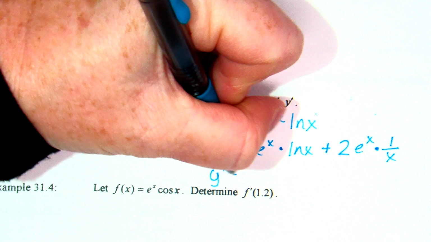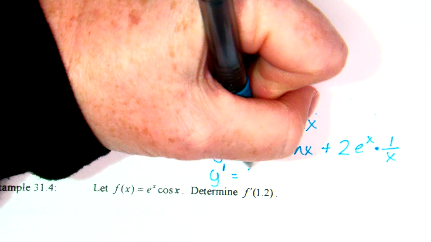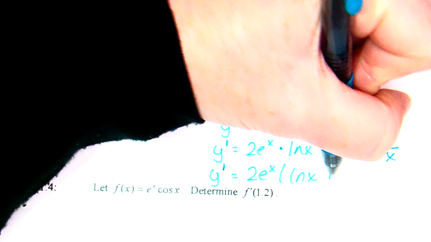Thoughts on how I could write this out? Take the GCF of 2e to the x. Okay. Could we do a GCF here? We can. Again, technically you don't necessarily have to, but recognize the equivalent form. So if I factor out a 2e to the x, what remains? ln x plus 1 over x.